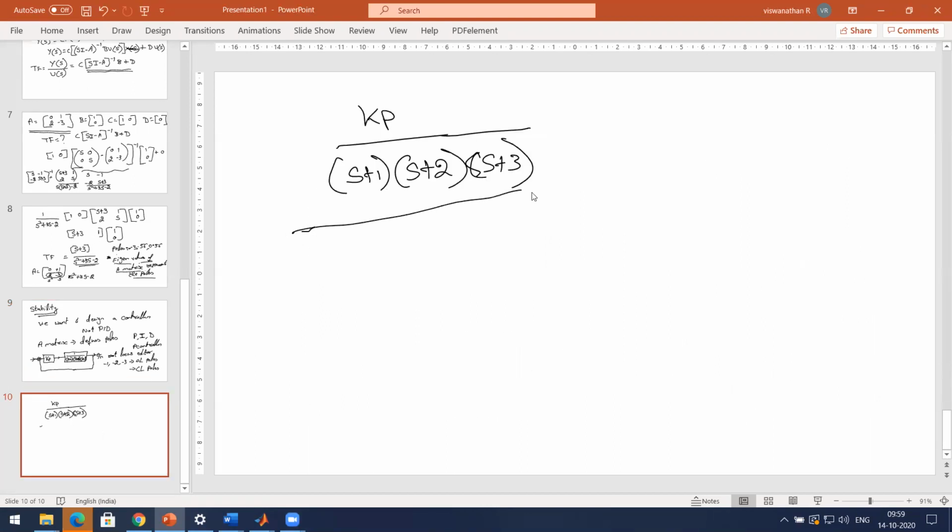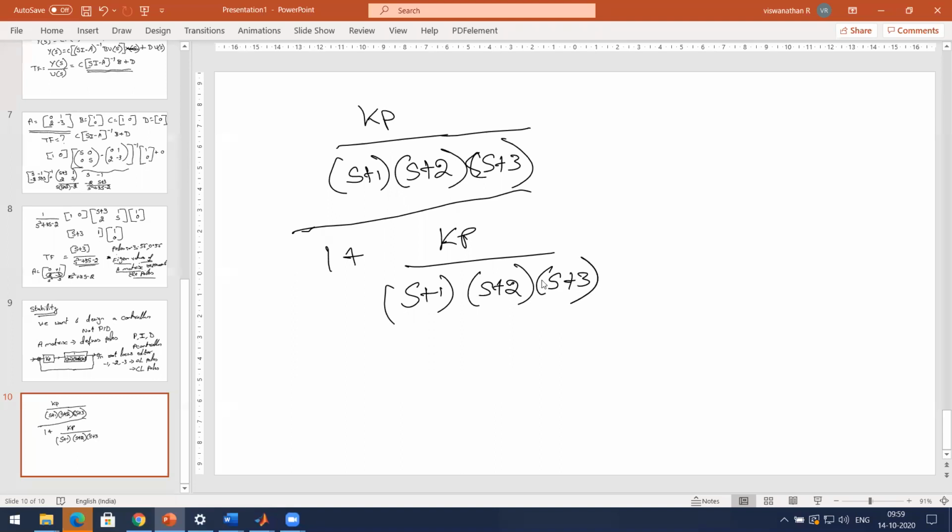Okay, fine. So this is 1 plus kp divided by (s plus 1) into (s plus 2) into (s plus 3). So what is the transfer function of this? What do you get?